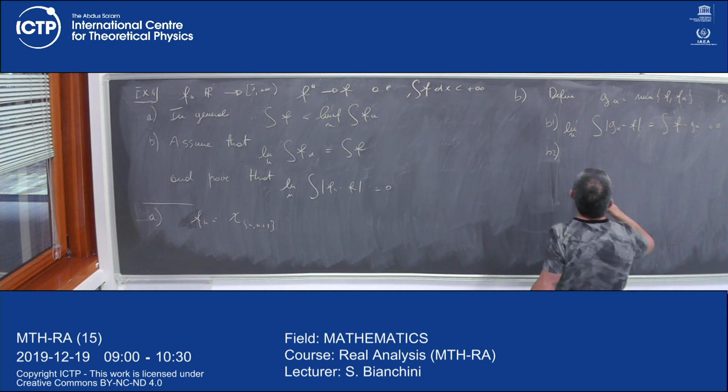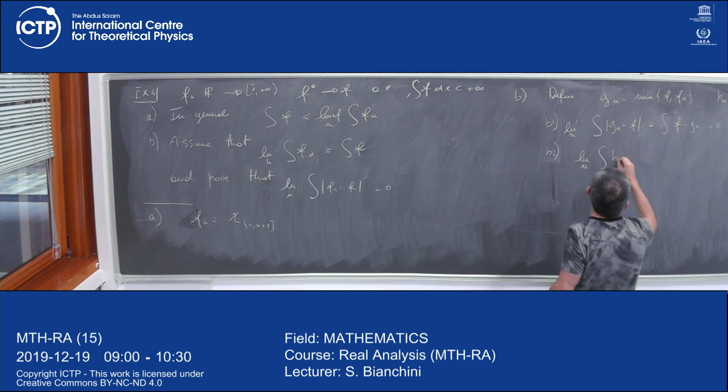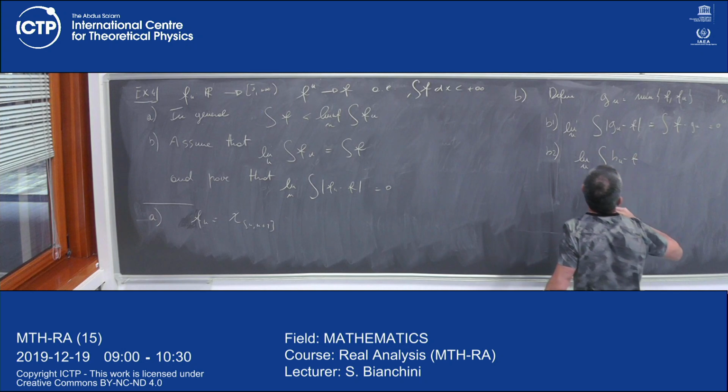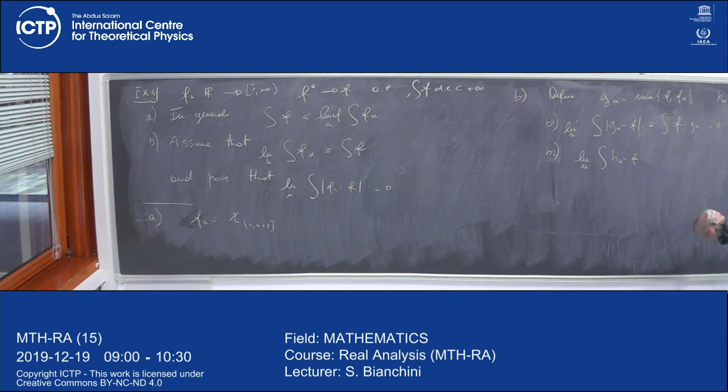So I want to consider what is the limit over n of the integral of hn minus f. Okay, this is a positive quantity, no? It is equal to the modulus, because it's just maximum. And here I have to assume the integral converges.